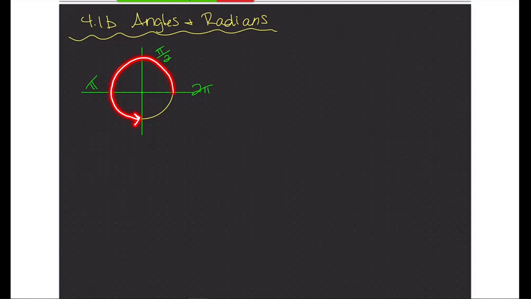Usually, instead of writing it as 1 and 1/2 pi, we just write it as 3 pi over 2, right? 3 over 2 is 1.5.